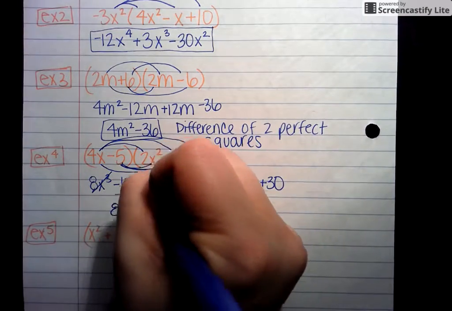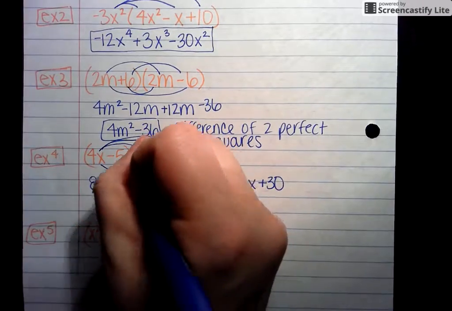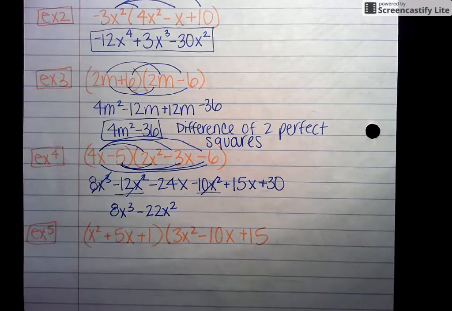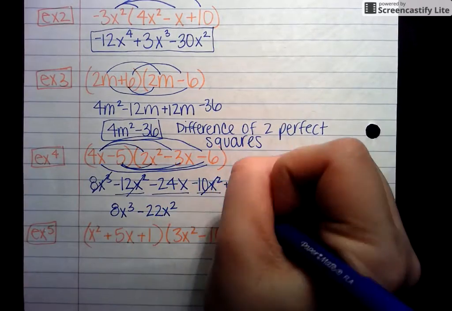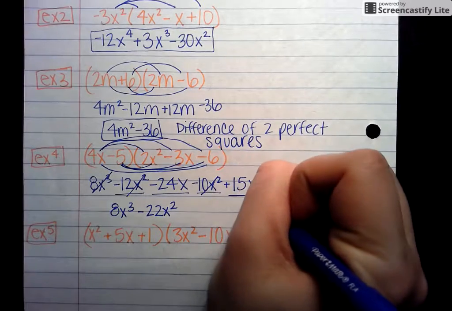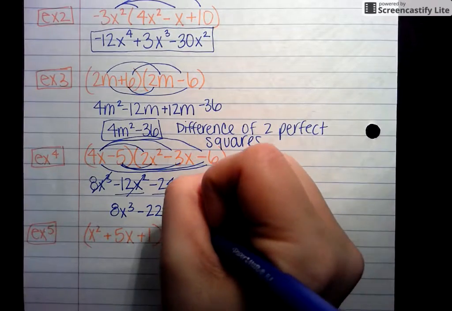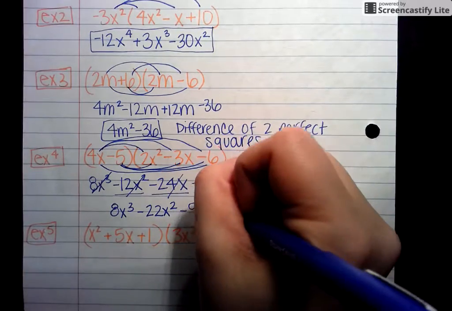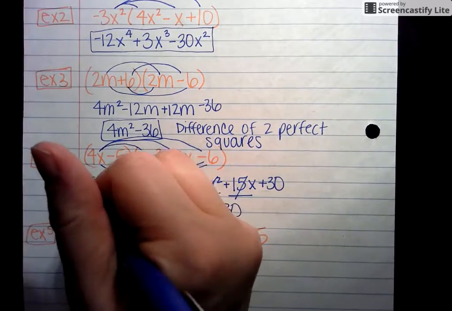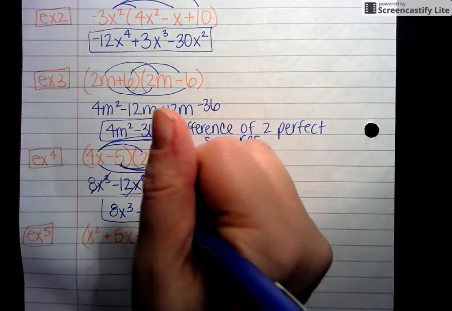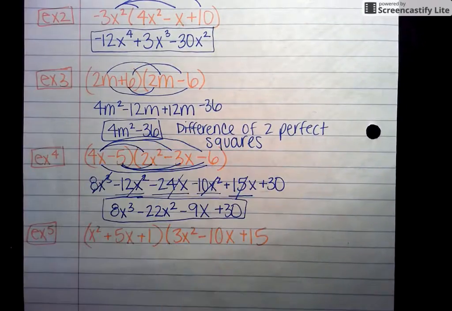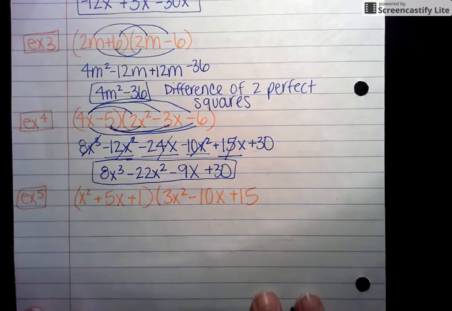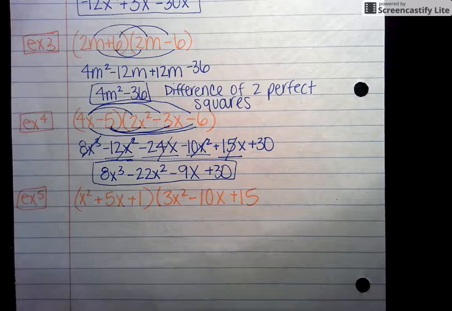That would be a -22x squared. So I can cross those out. Then I can combine -24 and a positive 15, which is going to give me a -9x. So I can cross those out. And then I would do plus 30. Now that I've combined all my like terms, that would be my answer for multiplying a binomial and a trinomial.